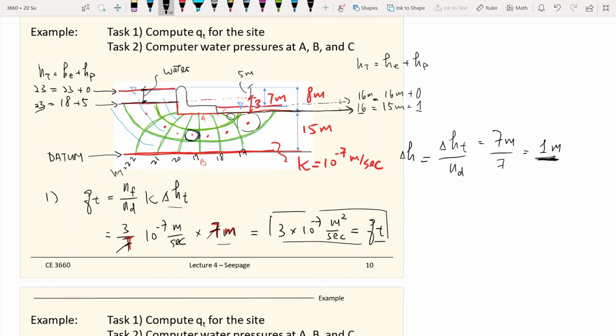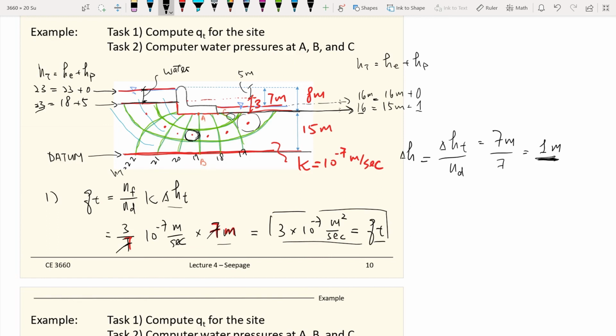But this is just this example, not necessarily for any case. In other cases, it depends on how you draw the flow nets, and also depends on the total head given to you from the beginning.